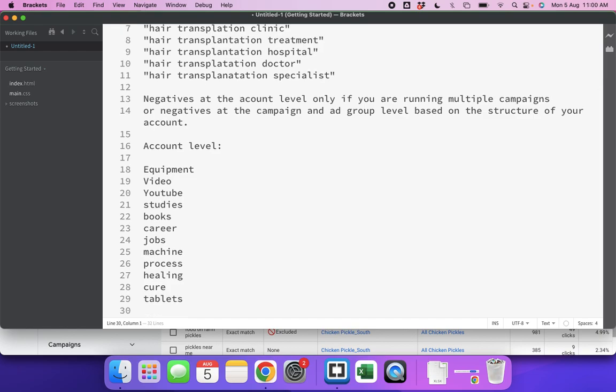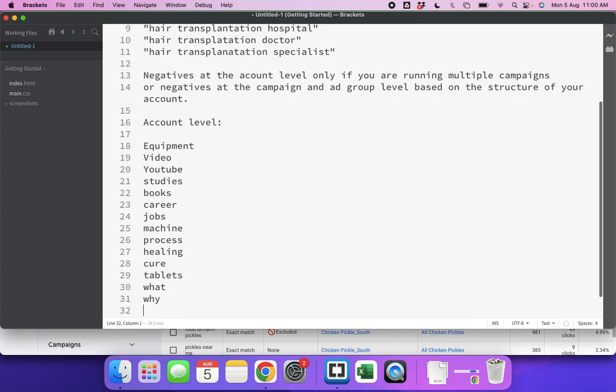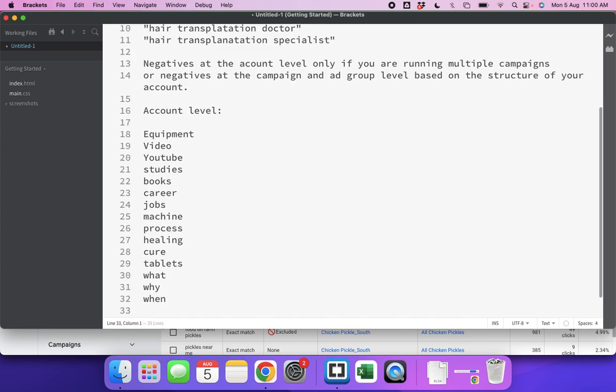Tablets, correct? Follicle, people will be searching what is follicle, or maybe we'll add what, why, when, how. See, all this, make sure that you have to add them negatives in the phrase.